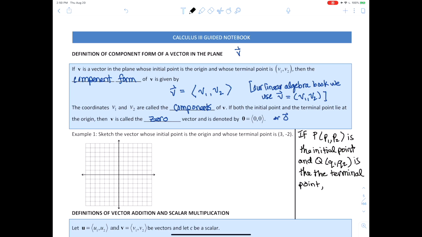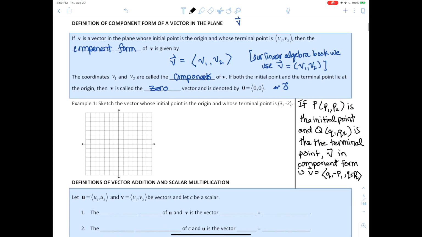Then you want to make some vector v, right? So this vector v in component form is simply v equals (q1 minus p1, q2 minus p2). Good so far? All right, so keep that in mind for our example.